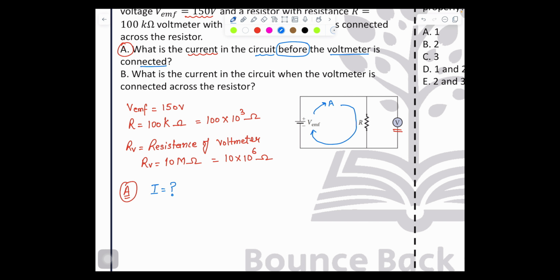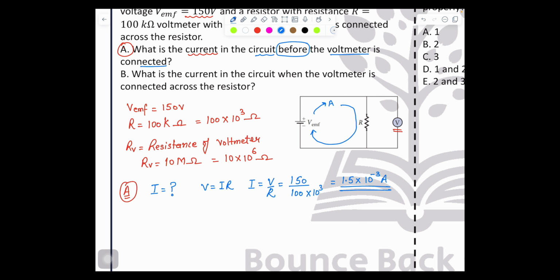As we know, V is equal to IR, so I is equal to V over R. V is 150 divided by R, which is 100 multiplied by 10 power 3. Solve it. What do we get? 1.5 times 10 raised to power negative 3 ampere. Clear guys? So this is your first answer.